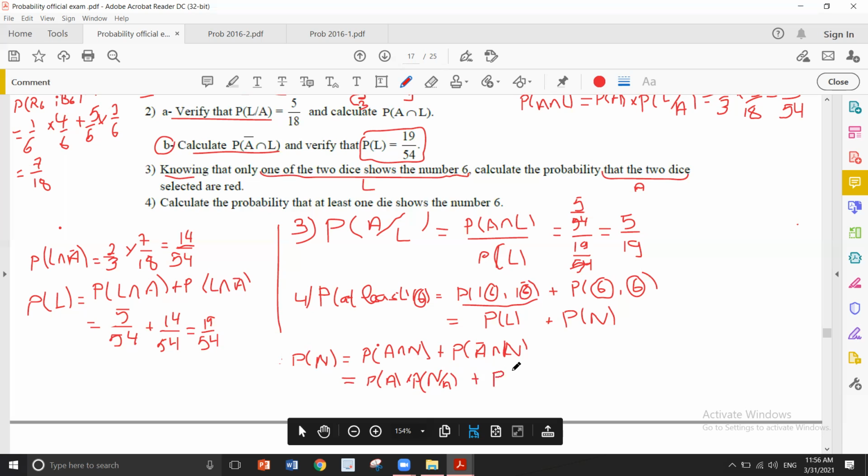Plus the probability of A bar times the probability of N given A bar.